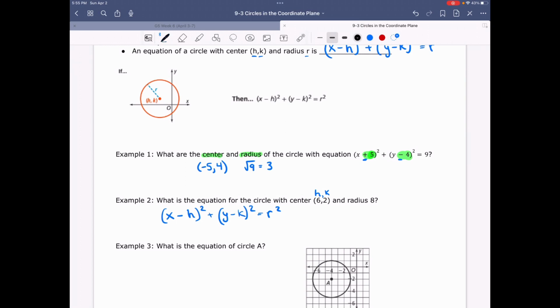Now we're going to plug in: x minus the h is 6 in parentheses, y minus the k is 2, squared, and the radius is 8, but we have to square it. So 8 squared is 64. This is r, and we have to do r squared, which is 64.